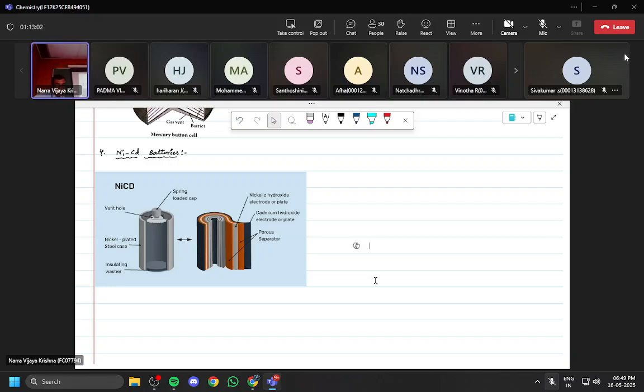Now observe here, which is acting as anode? Nickel plated steel container. Where is it? Oh, they have not mentioned. Okay, cadmium acts as anode. So I am writing cadmium anode.